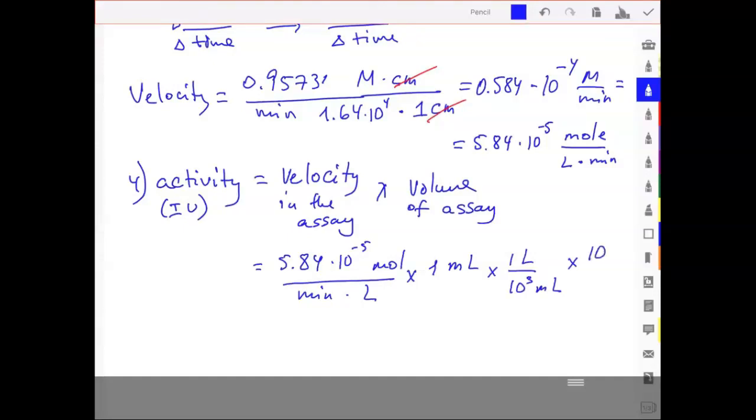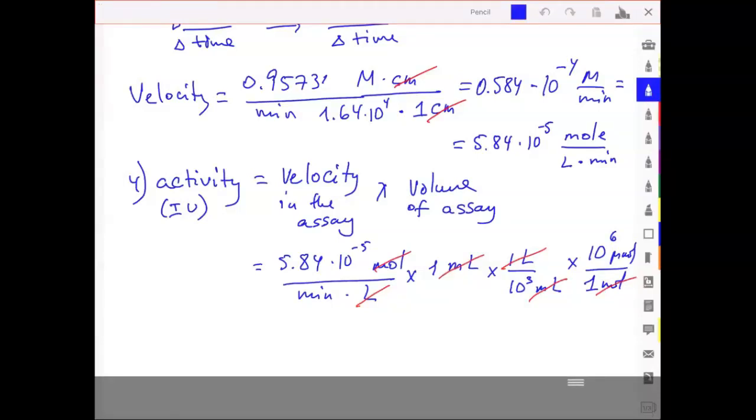So I'll put this on here, 10 to the 6 micromoles is 1 mole. Right? So this is unit conversion. So liters should go away, milliliters should go away, and moles go away. So we should be left with micromole per minute, right? And this is micromole of product per minute.